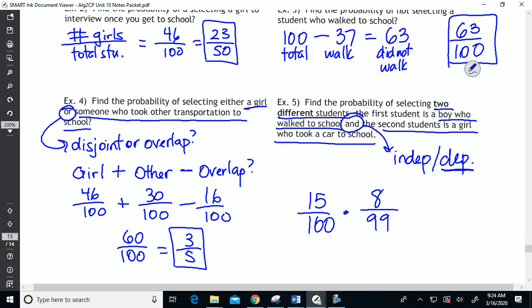Now what's left is for us to do some calculations. 15 times 8 is 120. 100 times 99 is 9900. After that, we let the calculator do a little bit of work to lead us to our final answer.